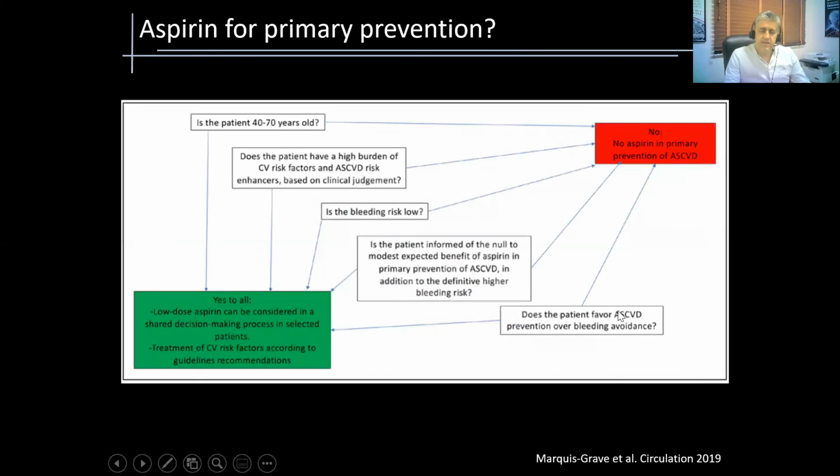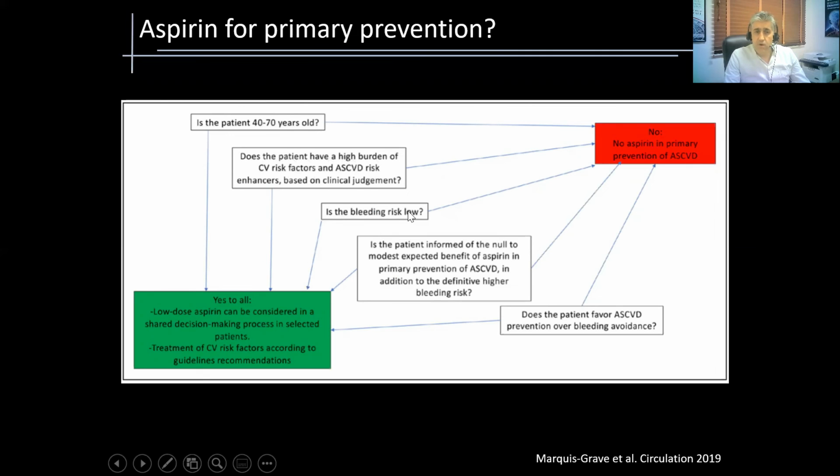Now, there are some consensus statements with regard to aspirin for primary prevention. This was until recently the main one, published in Circulation 4 years ago, where 4 criteria were suggested by the authors. So 4 questions that we had to ask: is our patient between 40 and 70? Does the patient have a high burden of cardiovascular risk factors based on clinical judgment?